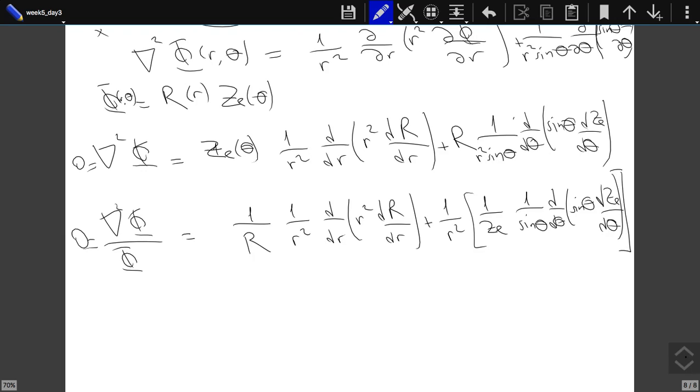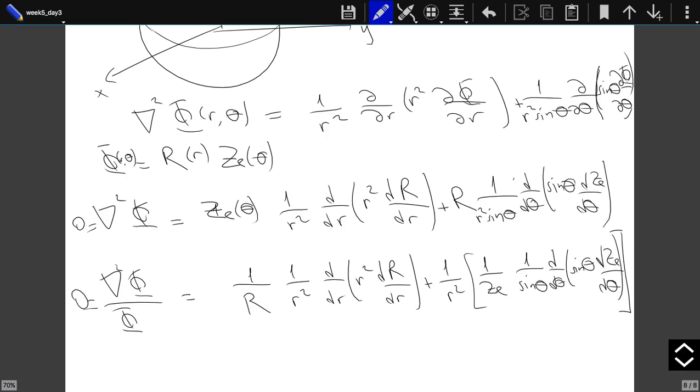Again, let's look at this equation. This equation should always be 0, whatever the value of small r or whatever the value of theta is. Keeping r constant, this is constant, this is constant, this is a function of theta. I can change theta, but if this equation is always equal to 0 whatever the value of theta is, then this combination shouldn't change as I change theta.